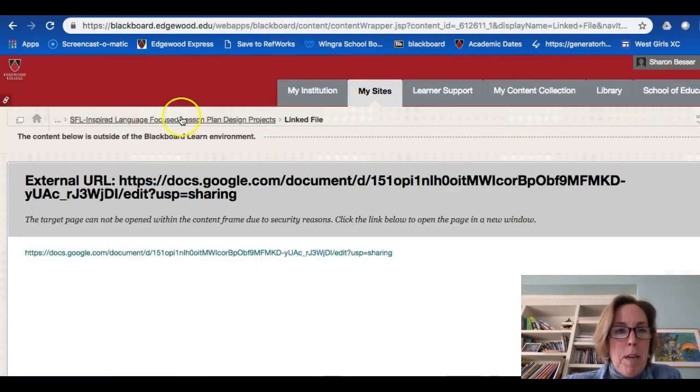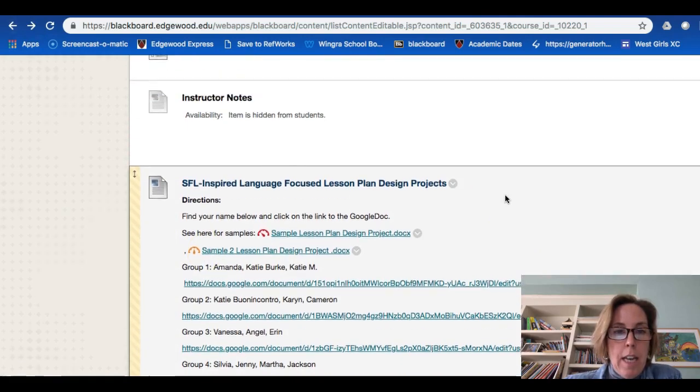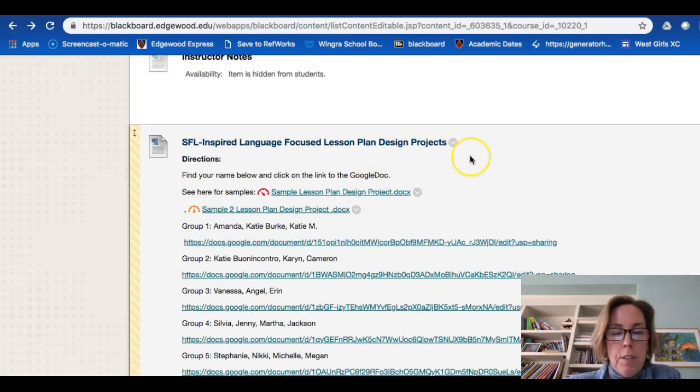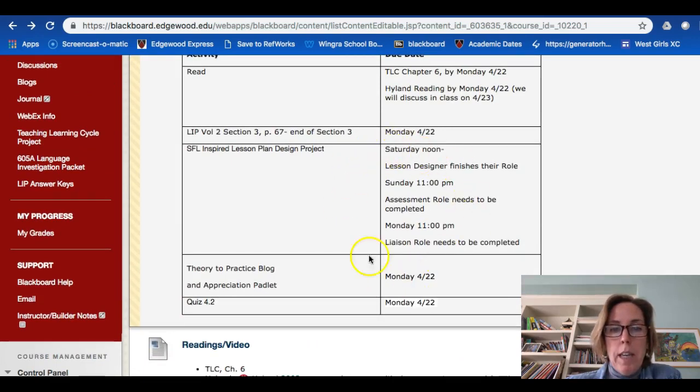Okay, so let's go back. It's a little clunky to get back here. Okay, so those are the samples there. In terms of timing, you can communicate within your group if you need any variations on this. I'm going to leave that up to you. But on Saturday by noon, the lesson designer needs to be finished.